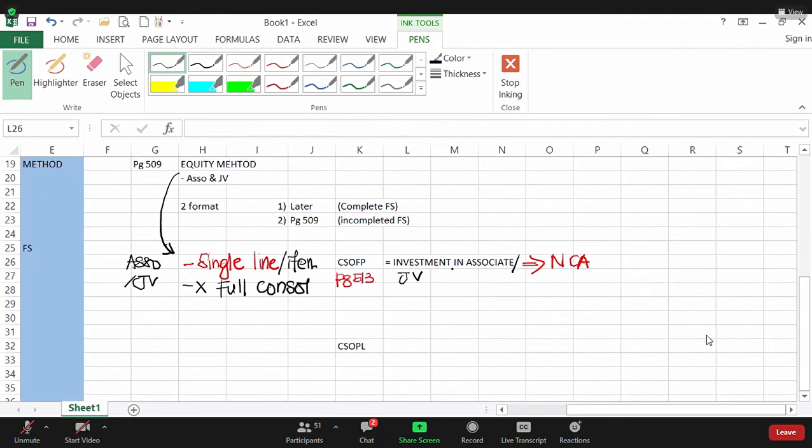Now everyone go to B. Mecca, can you please read B? Assets and liabilities of the investee are not included. So when you do consol SOFP, you are not plus asset and liability. Included or excluded? It was excluded.